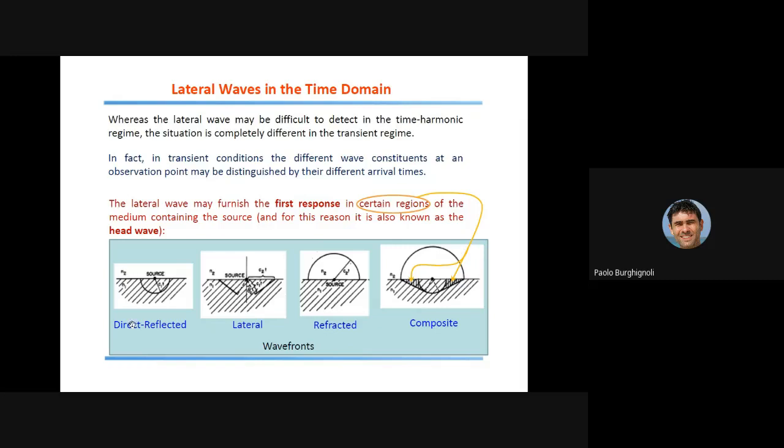For example, consider the direct and reflected wavefronts originating from the source, which is placed close to the interface between the two media. That's a spherical wavefront that propagates with a certain phase velocity, c1, for example. Here you see the radius of this half sphere is equal to c1 t, where t is time.